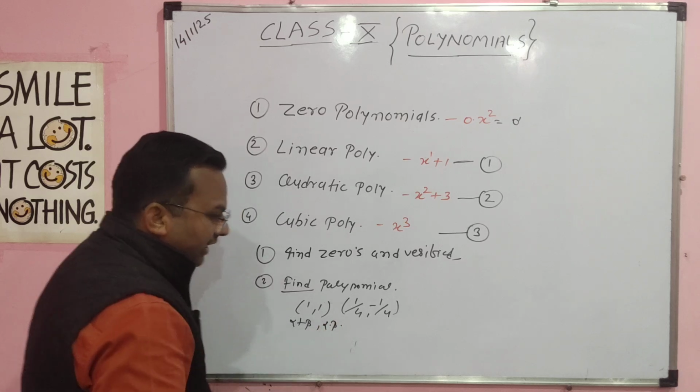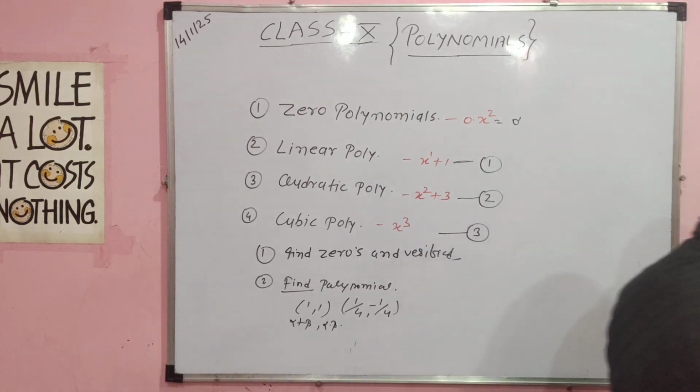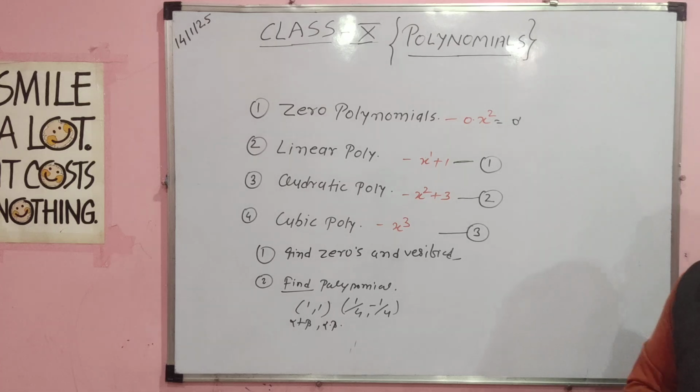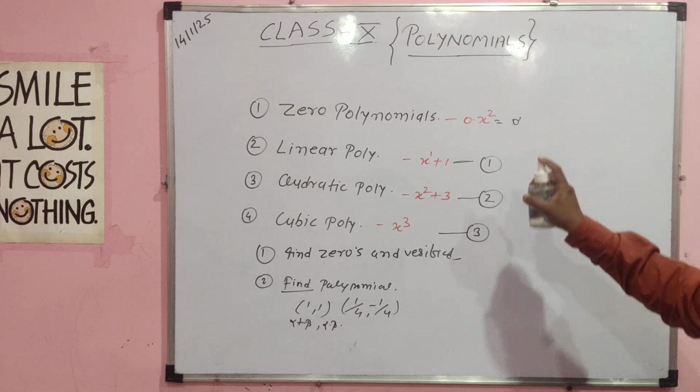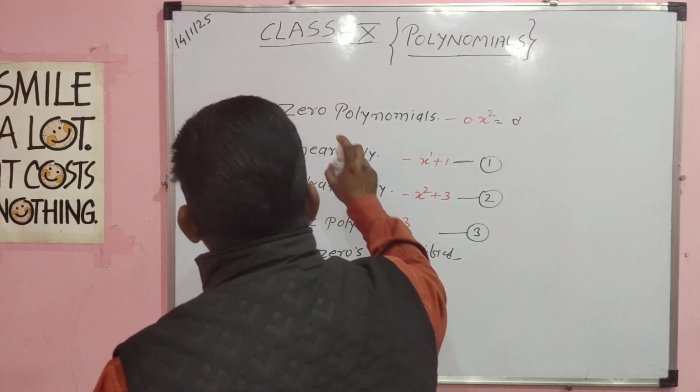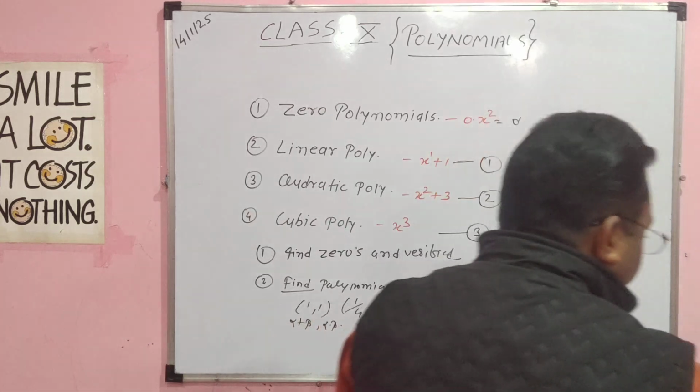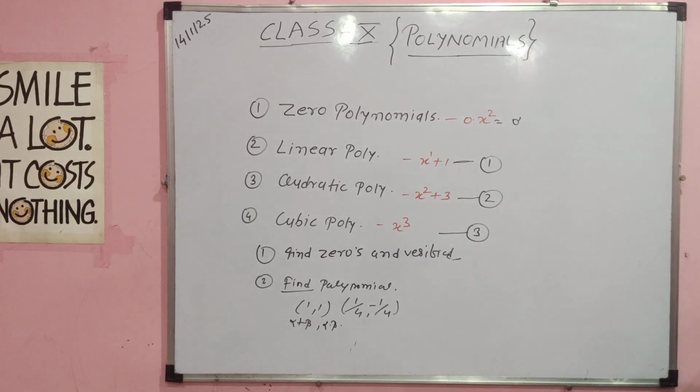Clear? And second most important concepts in the chapter are sum of zeros and product of zeros. So we discuss sum of zeros and product of zeros.